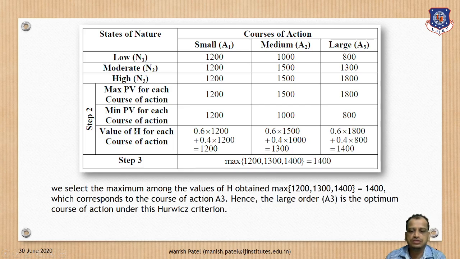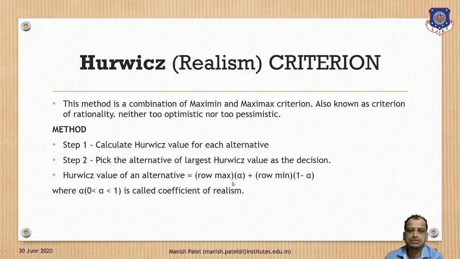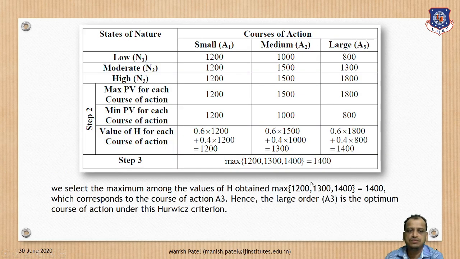The formula is alpha times rho max plus rho min times 1 minus alpha. Alpha here is 0.6, the value of H, so 1 minus alpha is 0.4. Putting these into the equation, you get 1200, 1300 and 1400. Out of those, the maximum value is 1400.